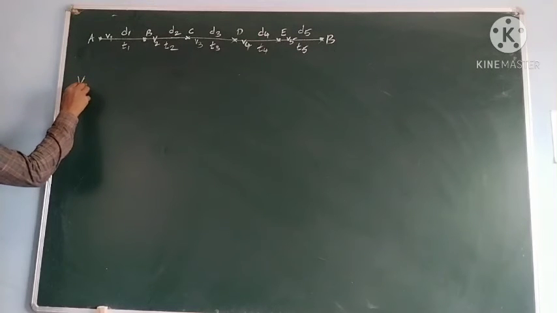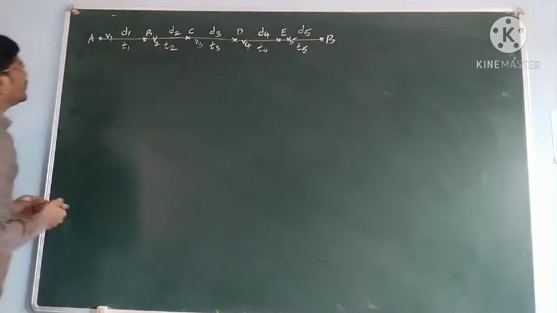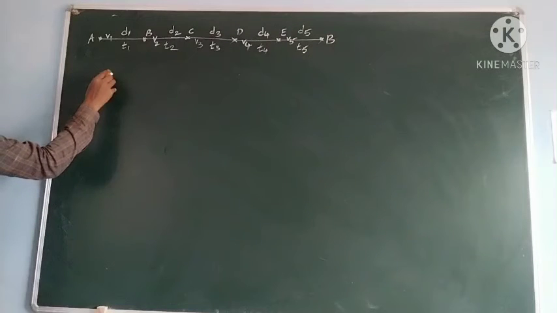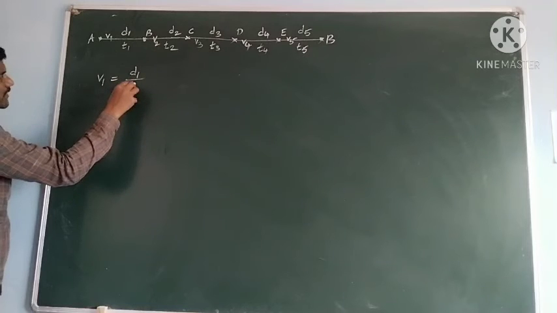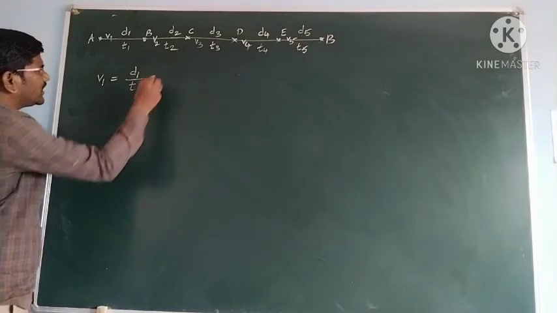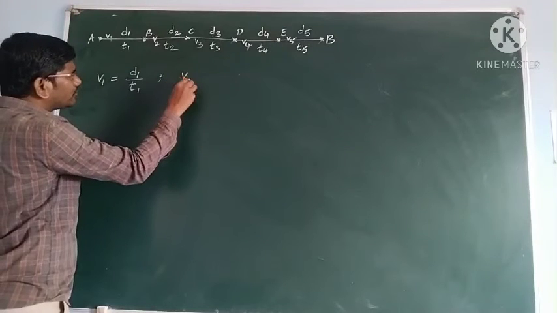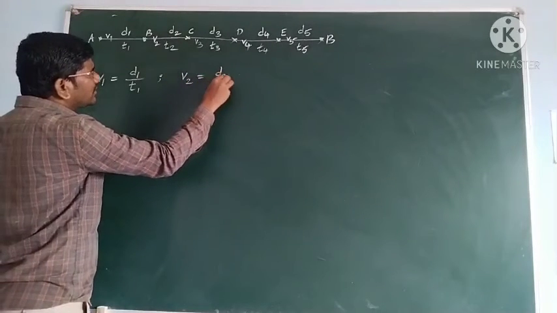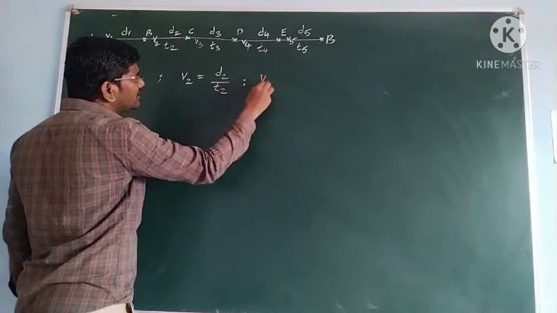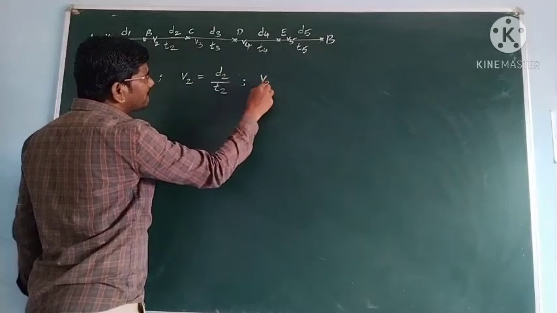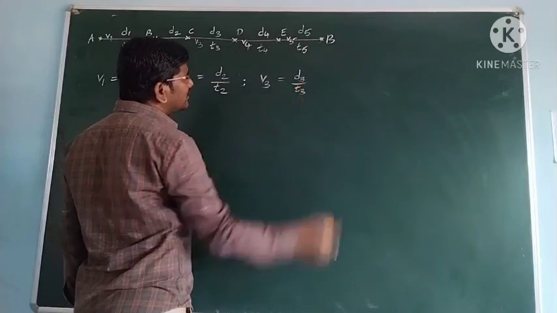So what is the formula you write, students? See my dear students, here we have V1 is equal to D1 by T1, and V2 is equal to D2 by T2. V3 is equal to D3 by T3.